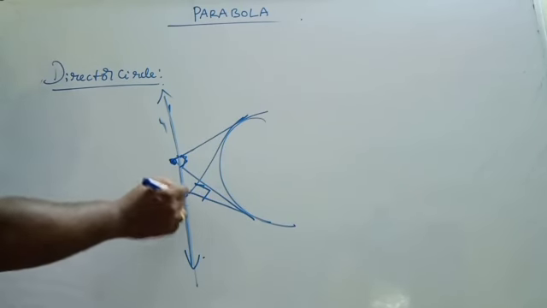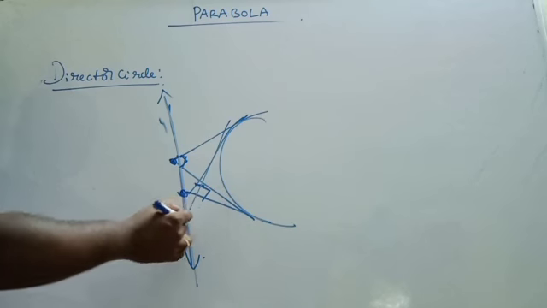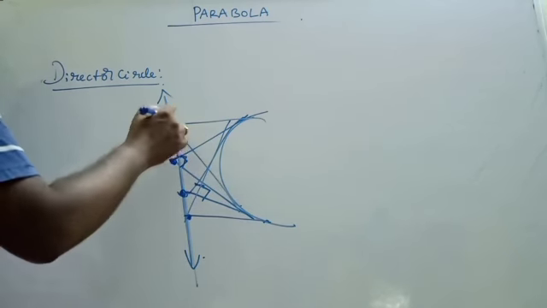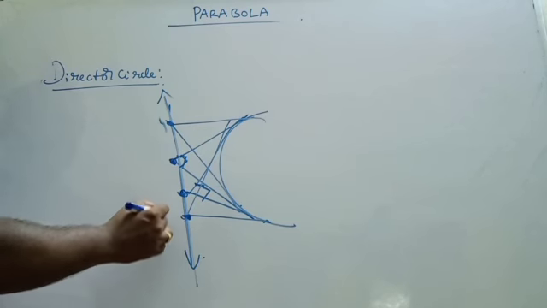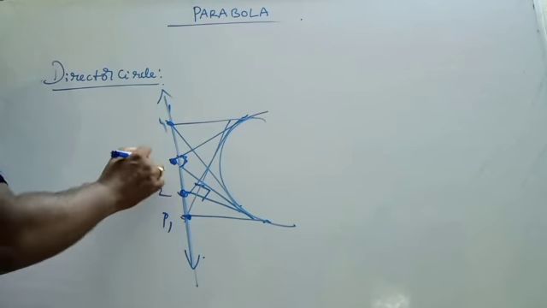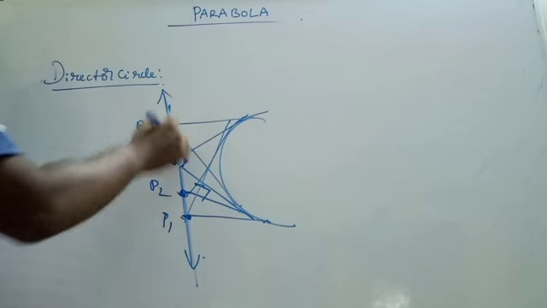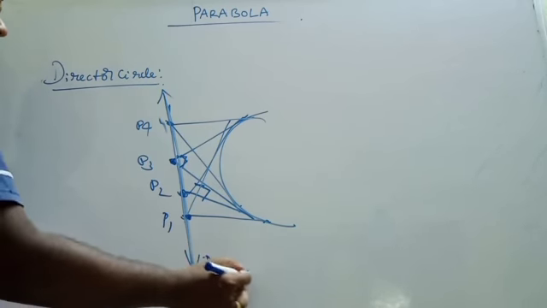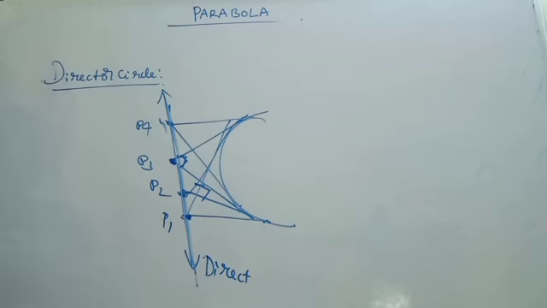If you join all those such points, here like this, here like this, here also like this, these are all something like P1, P2, P3, P4. You will get a line, and this is what you call the directrix of this parabola or this conic.